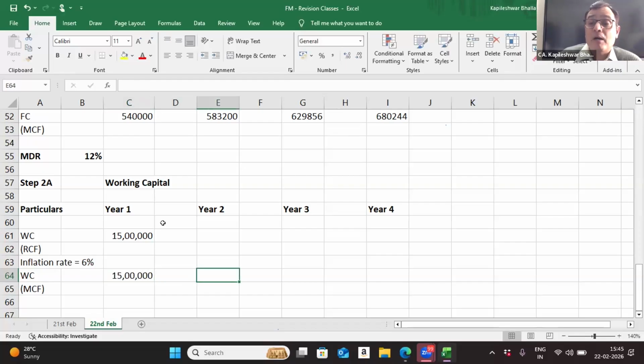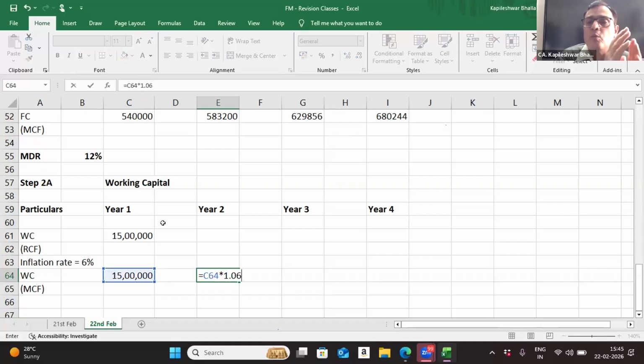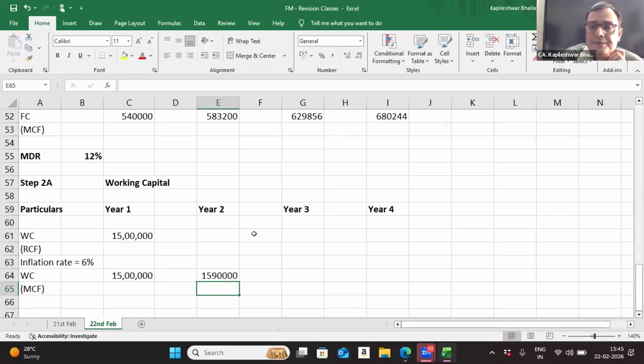So can I say we will compound it at the end of this year? So 15 lakhs. Now tell me, multiplied with 1.06 raised to power what? Though it is written second year, it is at the beginning of the second year, which is as good as the end of the first year. So this is going to be raised to power 1. That's right.